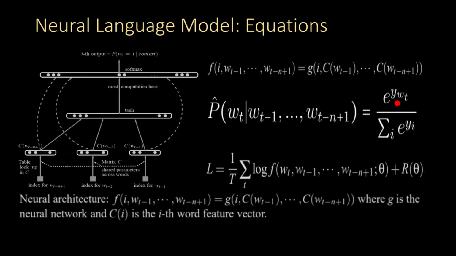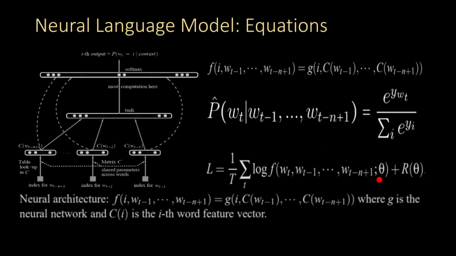For this specific selected w_t, there is an output y, and the value e to the y_{w_t} is normalized by the sum of all possible y's, so basically all the output neurons. Each one represents, again, a word in the vocabulary. Therefore, we can have a probability estimation.